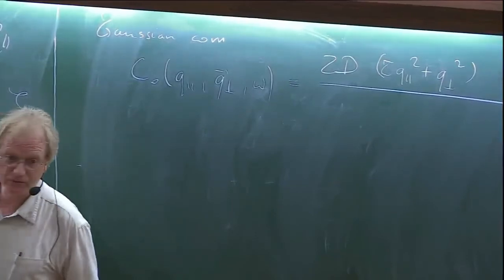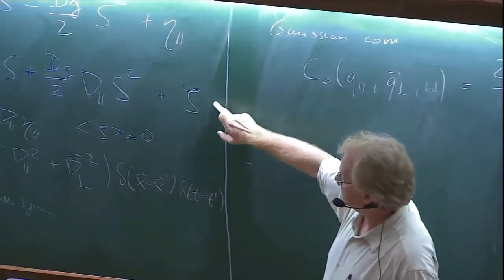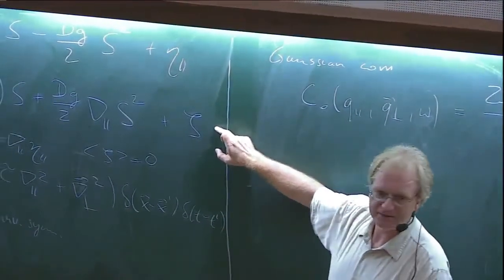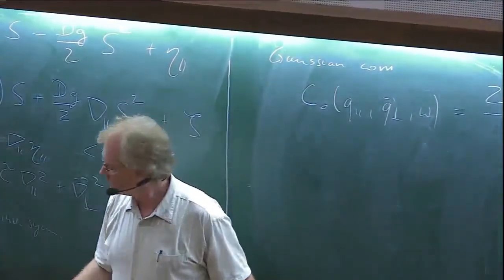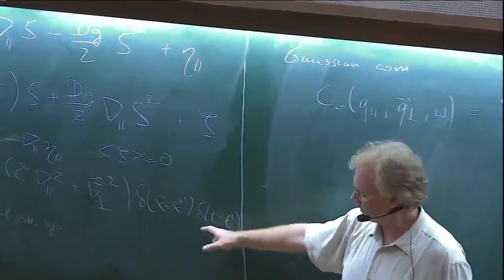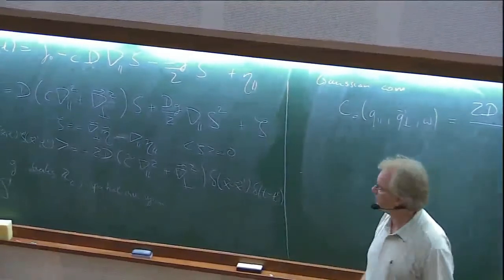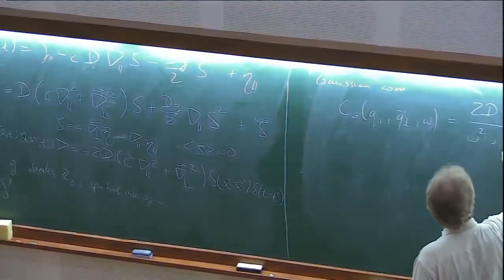So I just need the expectation values, the Fourier transform of the thetas, and then the average thereof, and then divide by these prefactors to get the correlation function. Fourier transform of these delta functions gives me delta of q plus q prime, delta of omega plus omega prime. And you plug things in and you get the prefactor twice.